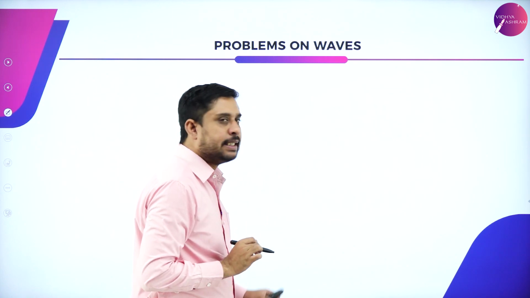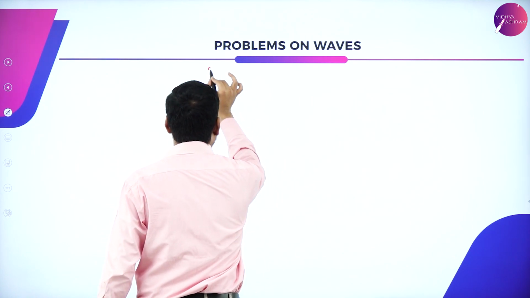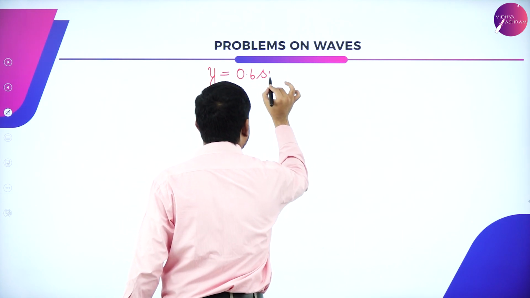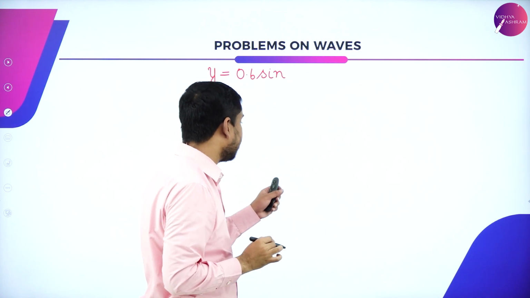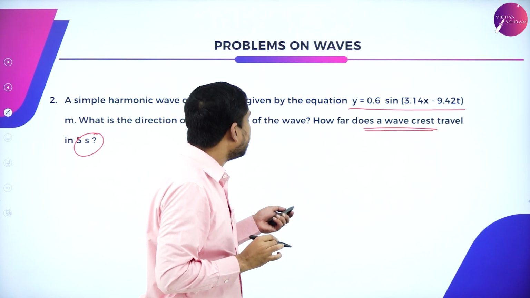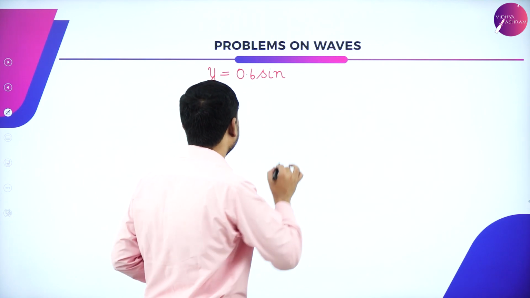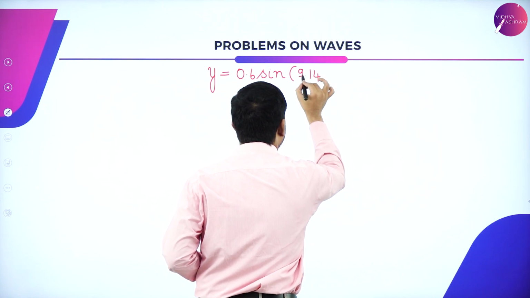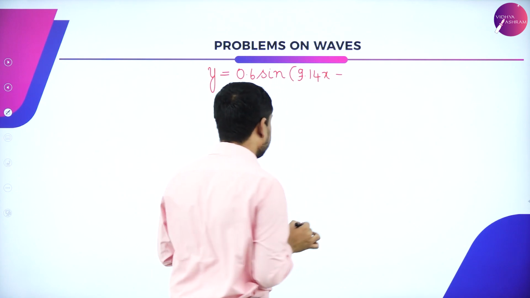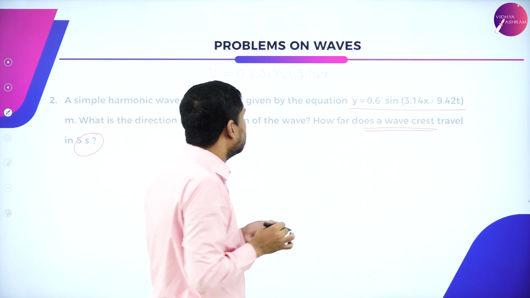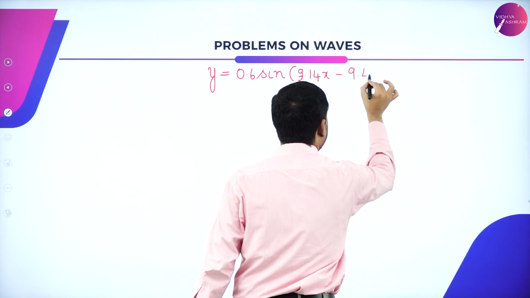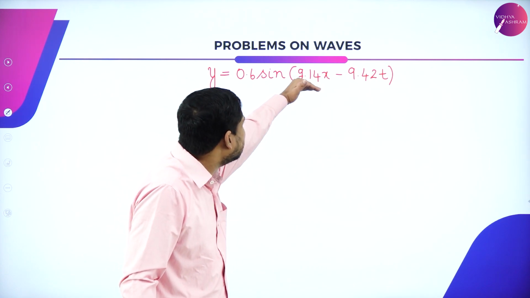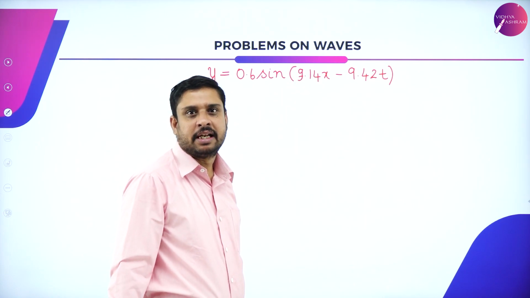Now, the given equation is y equals 0.6 sine (3.14x minus 9.42t). So this is the given equation.